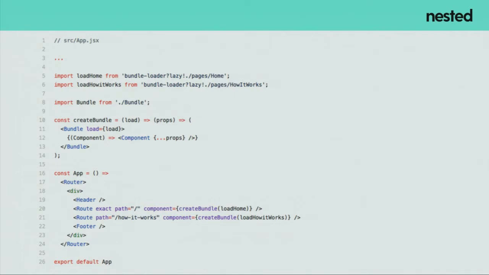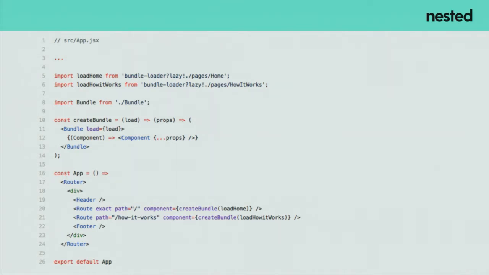So in terms of implementation, that means that bundle needs to take this load component that you got earlier, the component that tells you how to request that code. So it takes that. When it mounts, it'll call that function. So it'll go and get the home page, and then it will render the result of it with that function that's passed as children on line 12.